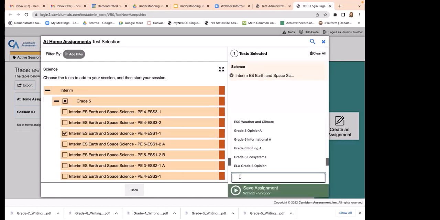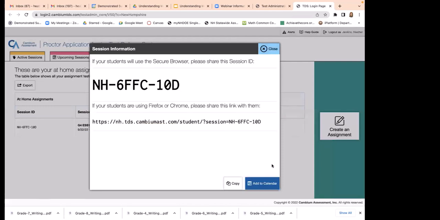My session name is grade 4 earth space science. You can't put in a dash, just so you know. So maybe this is earth space science 1. Save assignment. And here's the link that you can give to students, and then it will be easy for them to log in. It will automatically put this in for them.